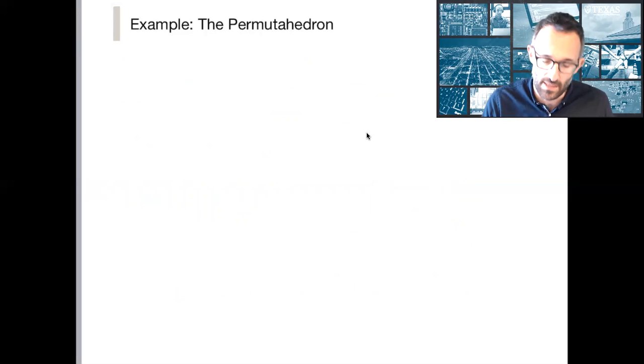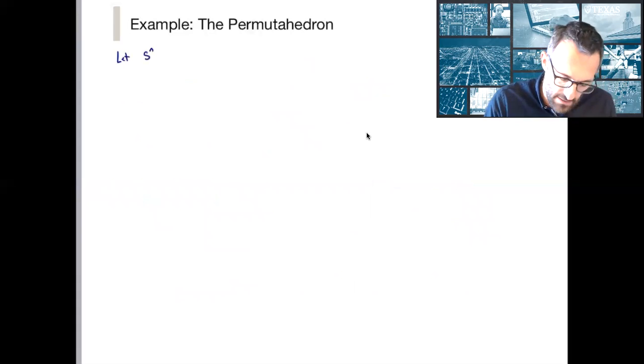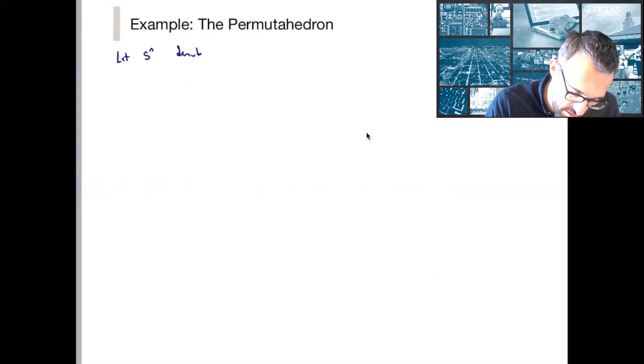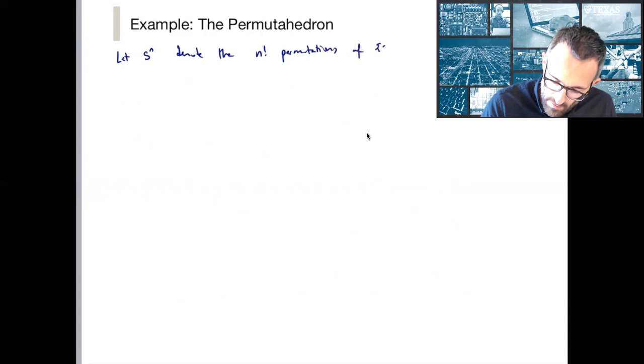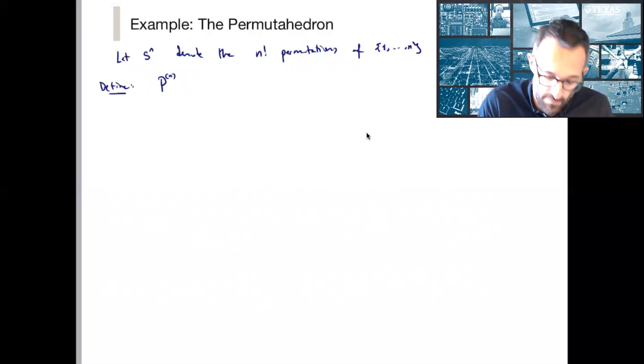So let's first say what this is. Let S_n denote the permutations of the integers 1 to n. Then we're going to define the Permutahedron. I'll write it as P_perm(n) to remind us the ambient dimension.